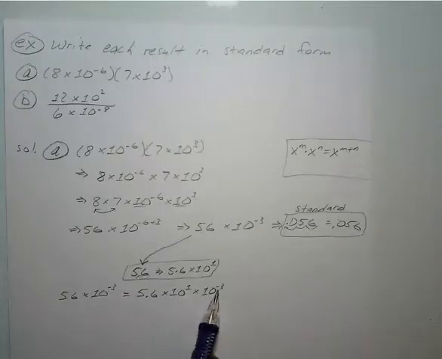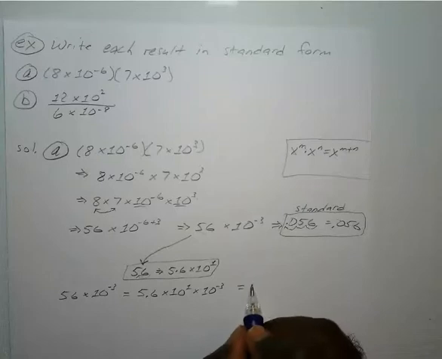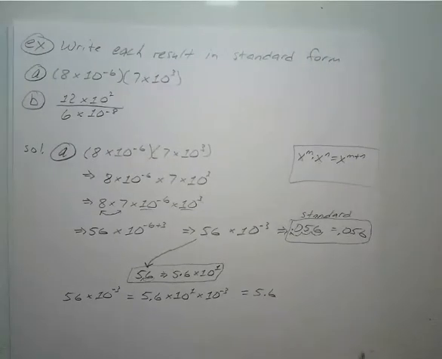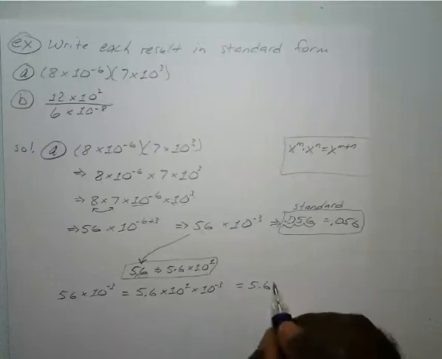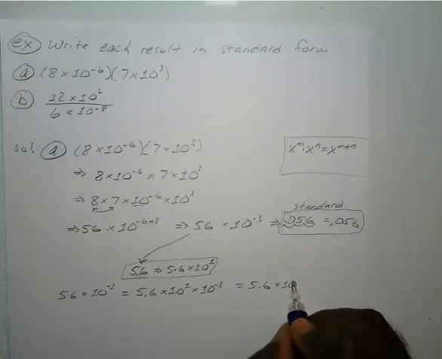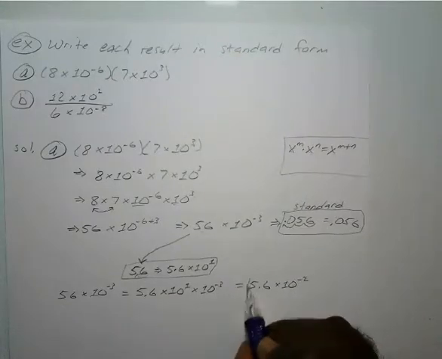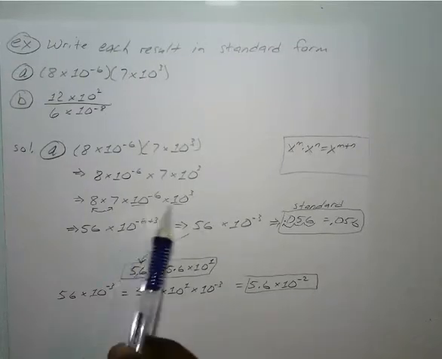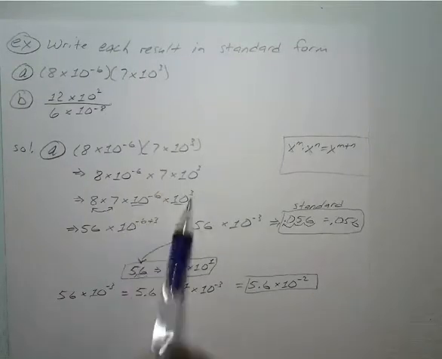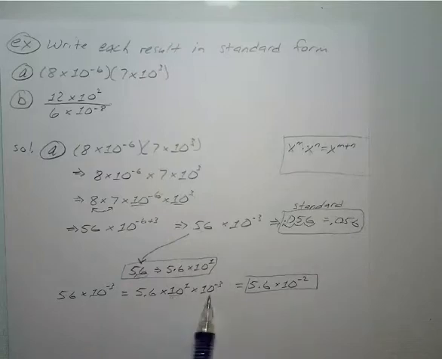If we add those two exponents, we have 5.6 times 10 to the 1 plus negative 3, so that would be 10 to the negative 2 power. Once we have the same base, we just add the exponents.